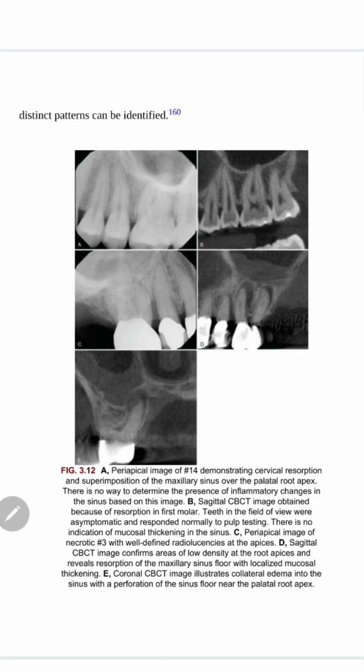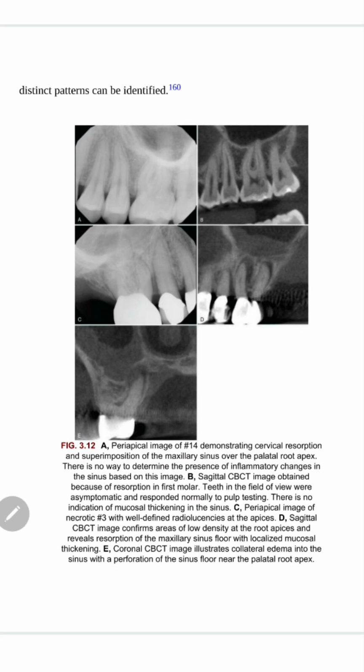Here we can see the protrusion that the tooth has made inside the sinus because of the infection that happened in the mesial root.